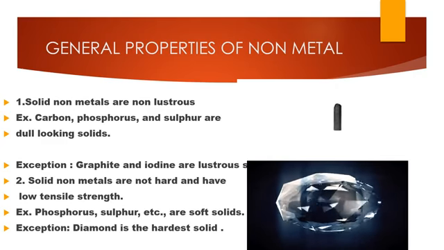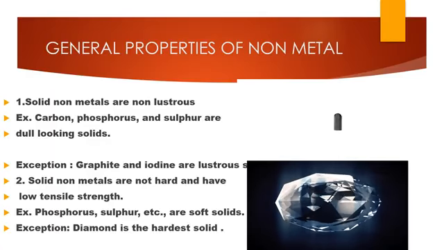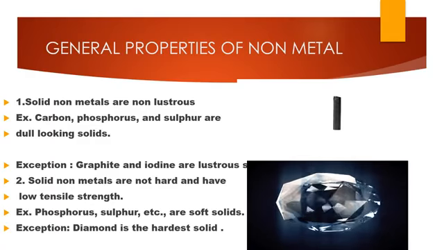We can call these dull looking solids. So we have solids, liquids and gases. All three forms we have in non-metals, but metals are only solid. We have one liquid metal, that is mercury. So we can call solid non-metals dull looking non-metals.